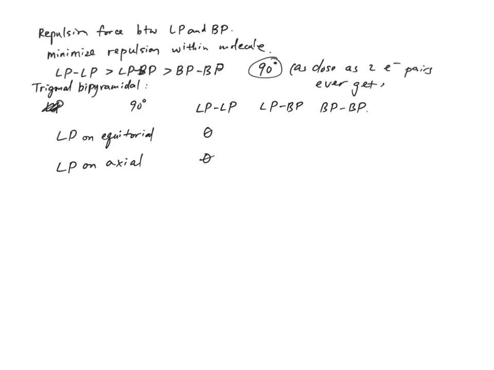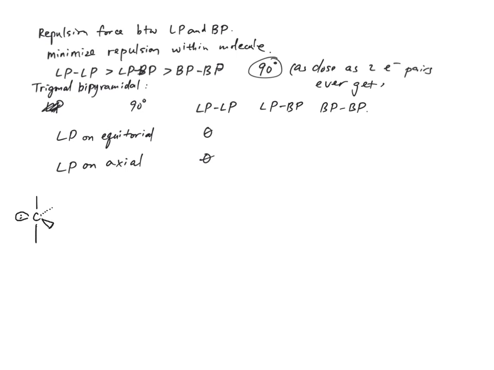But for the lone pair-bonding pair repulsion, if your lone pair is on the equatorial position, let's go back there. Let's draw this. If this is your center atom, so if you put the lone pair on the equatorial position, where do you see lone pair-bonding pair 90 degree repulsion?